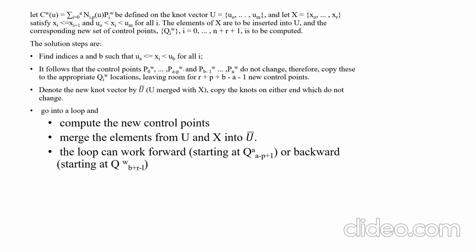Denote the new knot vector by U bar. The U bar is basically U merged with X. Copy the nodes on either end which do not change, and then we have to go into the loop and compute the new control points, merging the elements from U and X into U bar. The loop can work forward, starting at Q a-p+1, or backward starting at Q b+r-1.